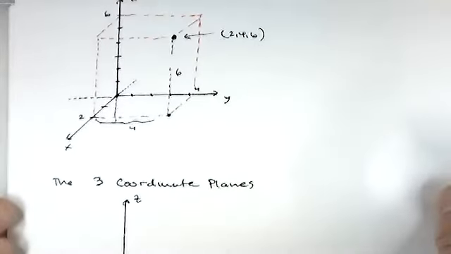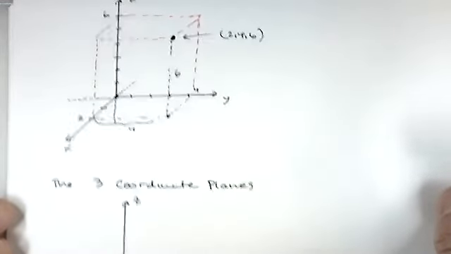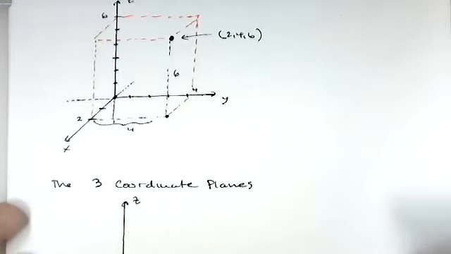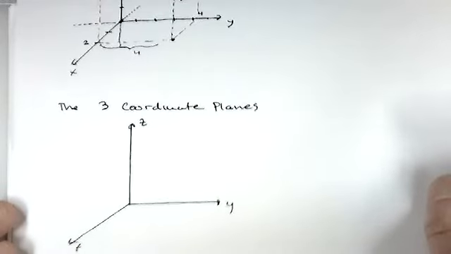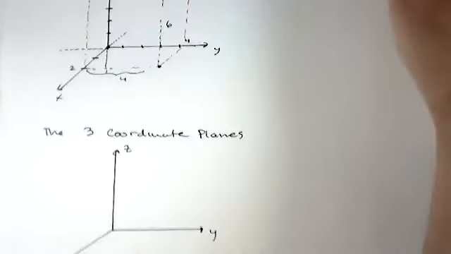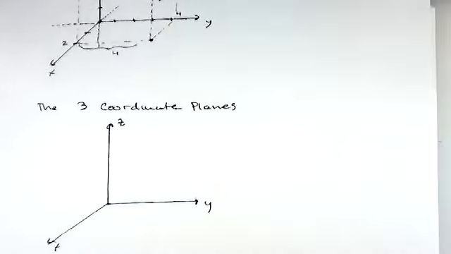Okay, some terminology now that we want to get familiar with are the three coordinate planes. I could actually use this box to illustrate that. I'll draw a new set of it. A plane is a flat surface, right?